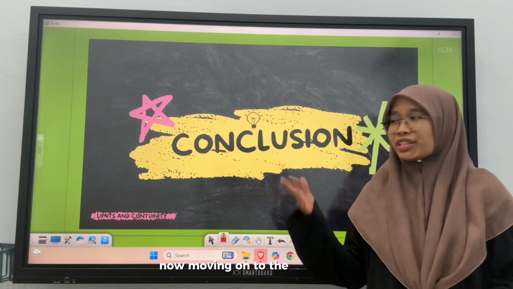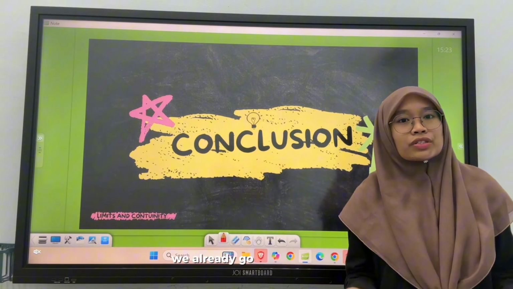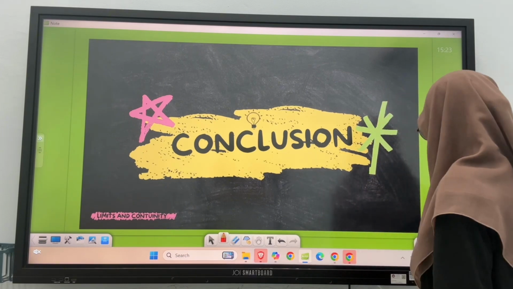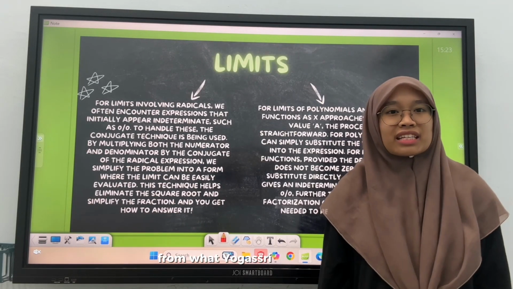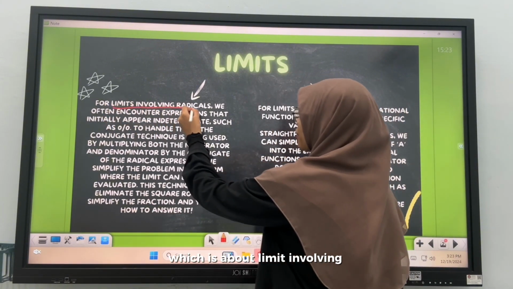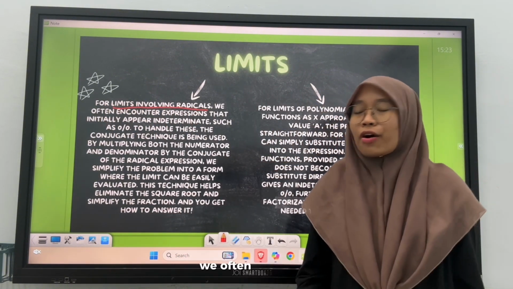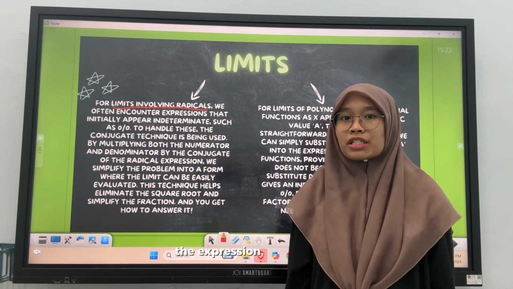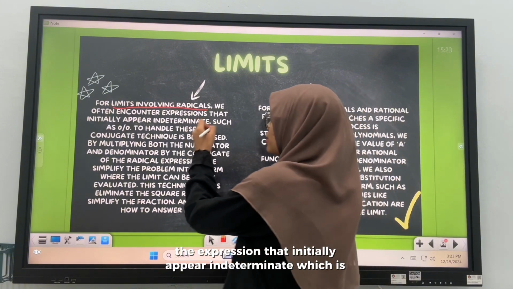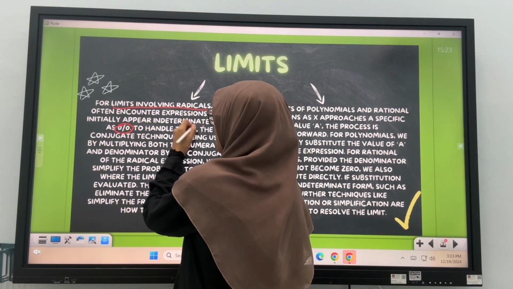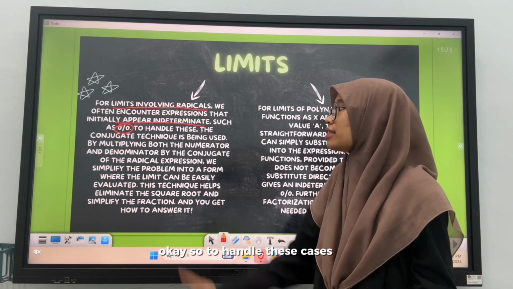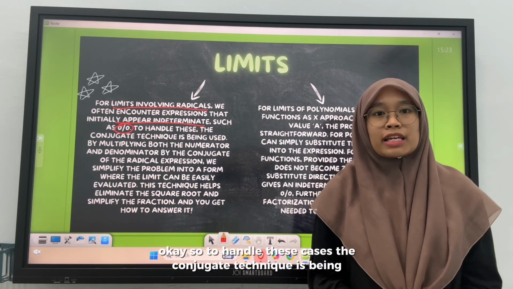Now moving on to the conclusion, we have already gone through some subtopics in limit and continuity. From what Yogastri has explained to us, which is about limit involving radicals, we often encounter an expression that initially appears indeterminate, which is 0 over 0. To handle these cases, the conjugate technique is used.